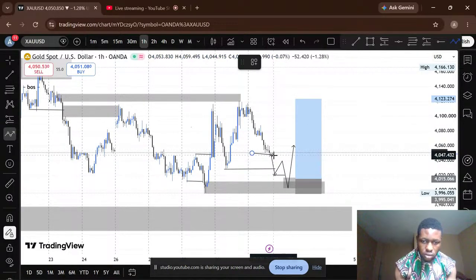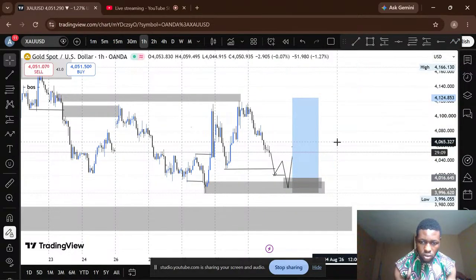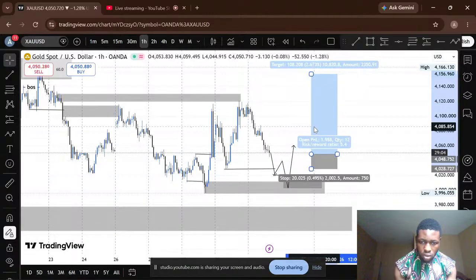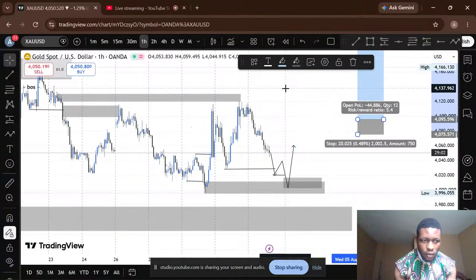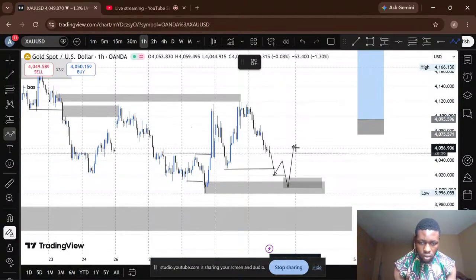Sorry, let me remove this thing. You see, then price will now come to this zone.